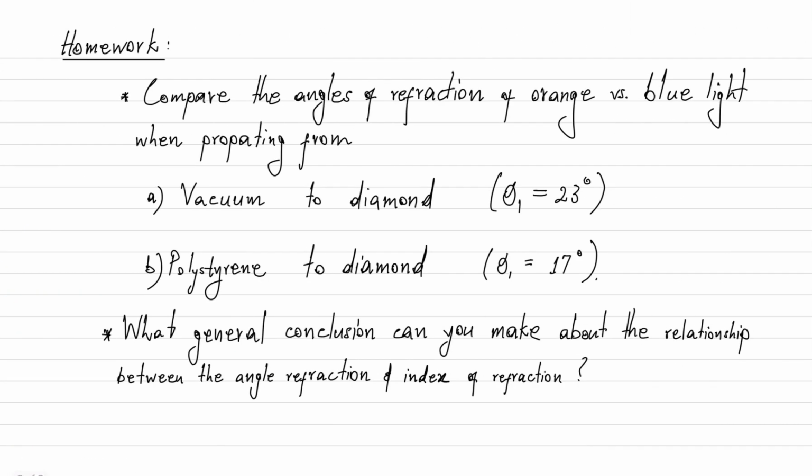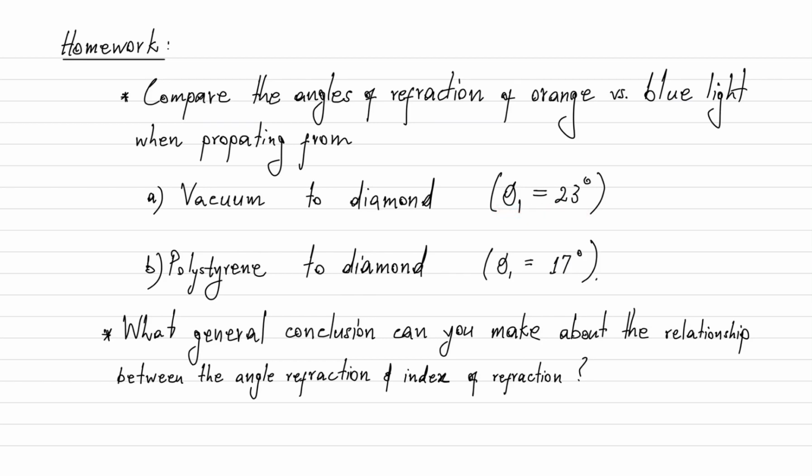Now, in order for you to convince yourself, I would like to give you an exercise. I want you to compare the angles of refraction of orange light to blue light. Here I have two cases where both light waves are propagating from a vacuum to diamond, and they both enter the diamond at an angle of 21 degrees.